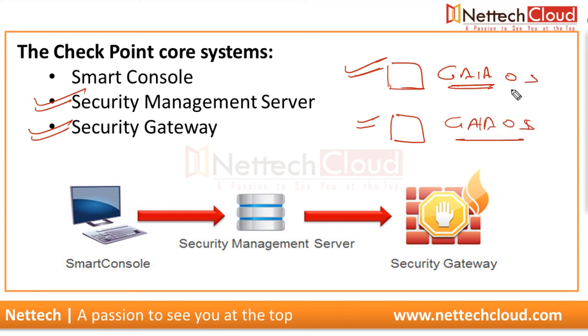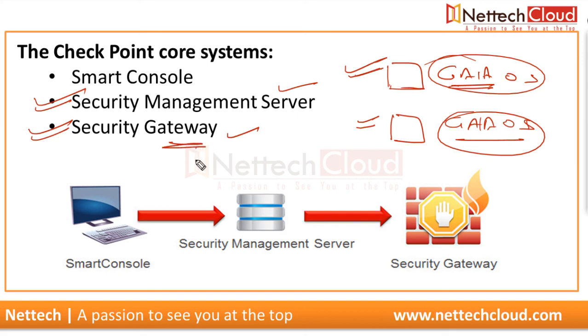So even during installation of the operating system, you will never be asked to choose between SMS and SG. SMS means security management server. SG means security gateway. Security gateway, enforcement module or firewall, they are one and the same thing. So you're never asked to select between management server and security gateway, right?